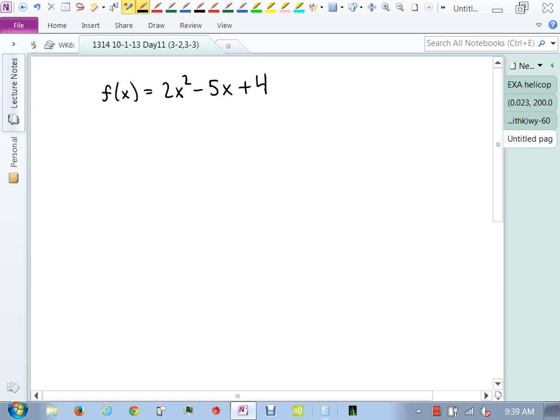Was there anything specific about this one you wanted me to go over? Okay, so it opens up, right? The vertex H should be negative 5/4, which is negative 1.25. Is it okay if I don't work this, or do you want this worked?